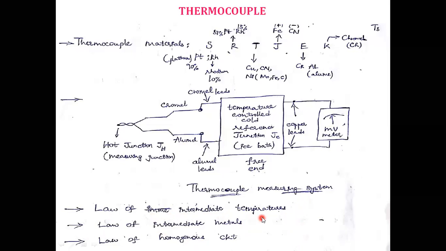We can measure intermediate temperatures, we can measure using intermediate metals, and by using homogeneous circuits also we can measure the temperature. By using these three laws we can measure this temperature.